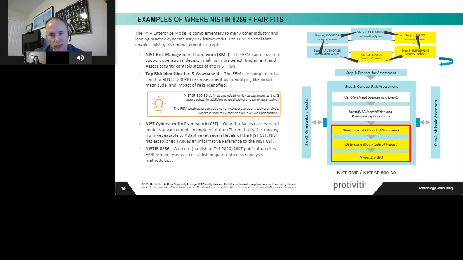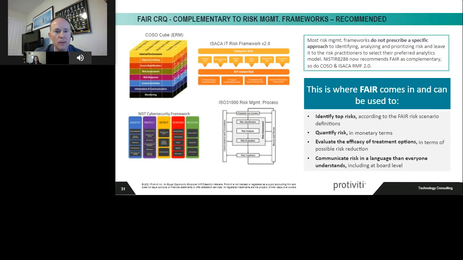So this isn't something that's mutually exclusive. It's very complementary. FAIR is really just the analysis piece of this, and it gives us a really nice way of doing reporting on the back end in a way that aggregates nicely up to the board. I mentioned it's complementary. It plugs into all of these other frameworks. And we're starting to see a lot of guidance come out where NIST is recommending FAIR as complementary. We just saw guidance come out that COSO is recommending FAIR as a risk quantification methodology as well.